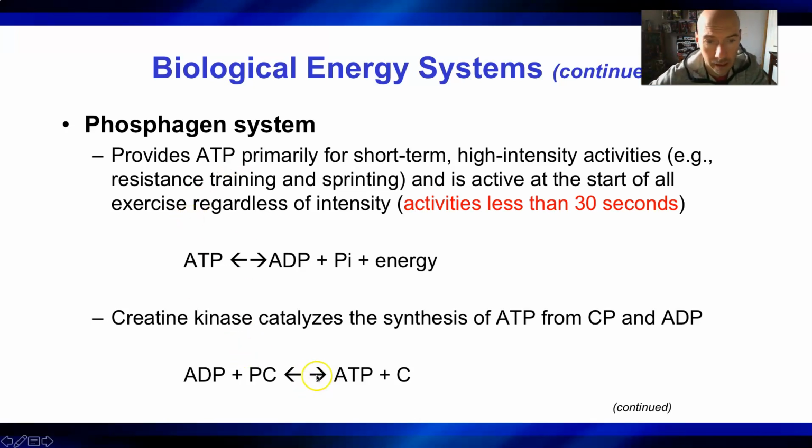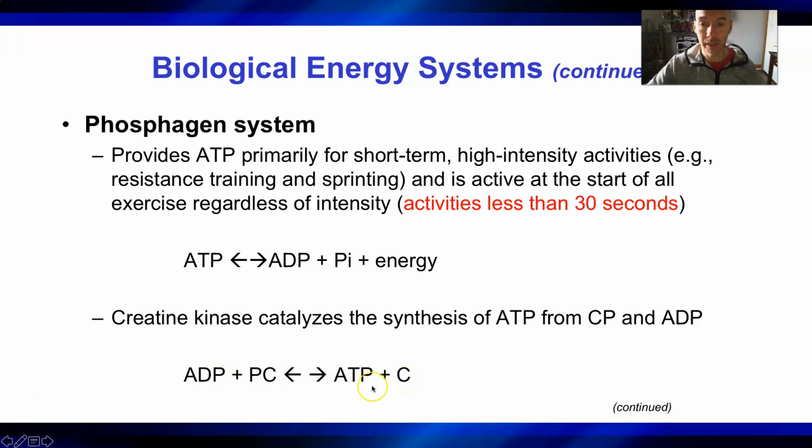What this system does is this: the ADP that we have as a byproduct after splitting our stored ATP moves down here. This ADP that's left over can combine with phosphocreatine. Basically, the phosphate is stripped off of the phosphocreatine molecule and added to the ADP, giving us now 3 phosphates, or adenosine triphosphate, with a leftover creatine molecule.